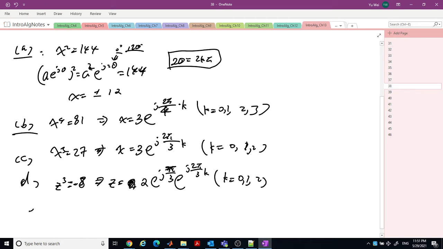And the e is x to the 6 equals 1, so x equals e^(j2π/6 times k), then k is 0, 1, up to 5.